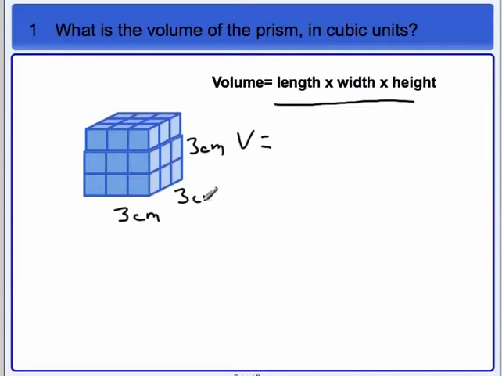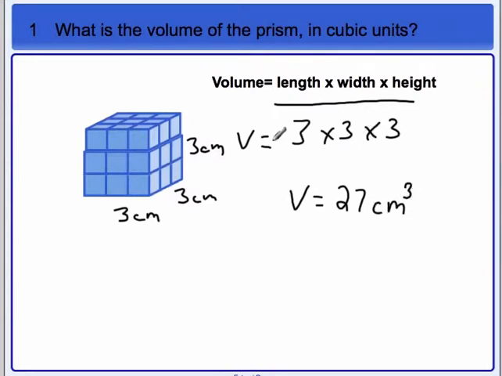So volume is equal to the length times the width times the height. 3 times 3 is 9, times 3 is 27. The volume is 27 centimeters cubed. If you're finding the volume, it's always going to be in units cubed.